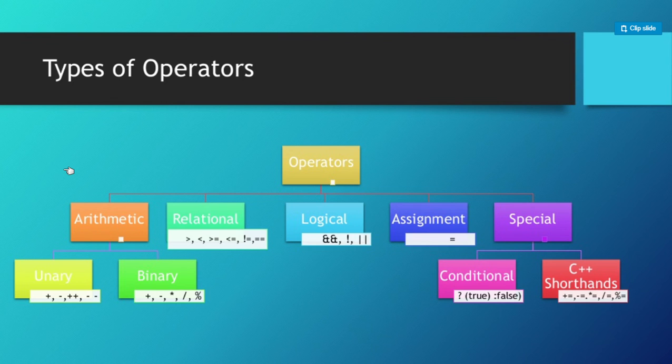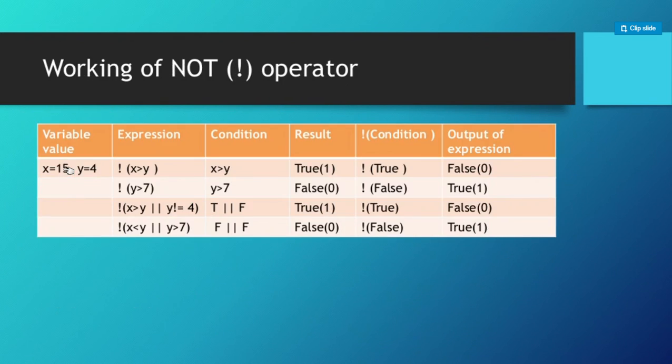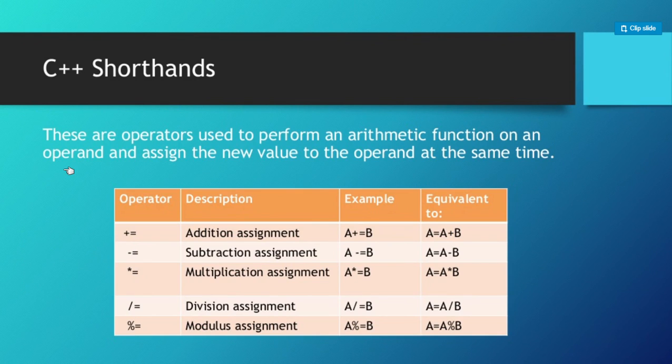In special operators, shorthands are used. When we need to perform an arithmetical operation on an operand and at the same time give it a new value, we use shorthands.